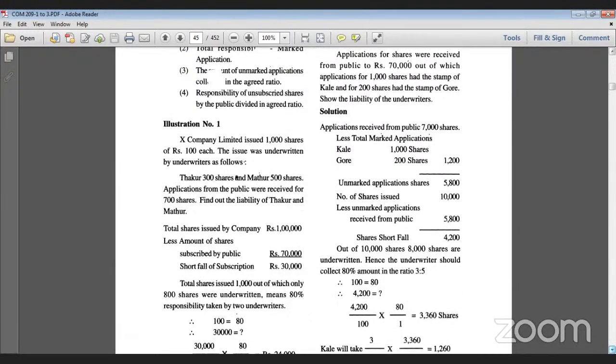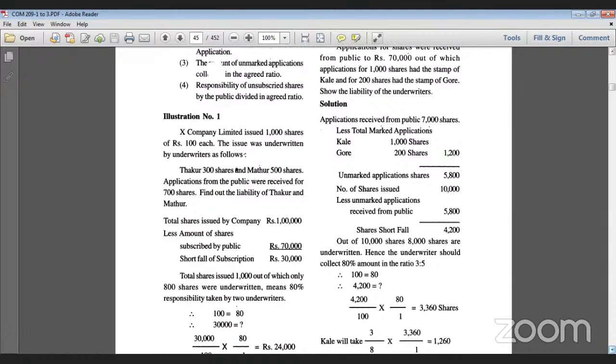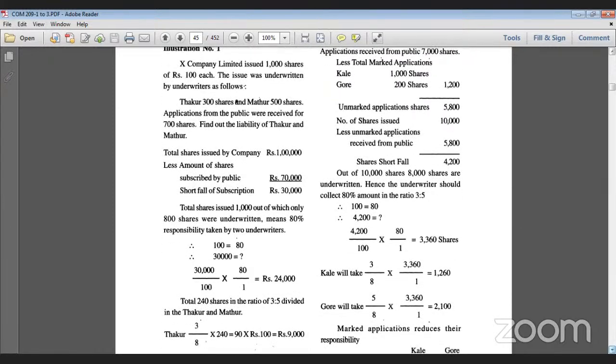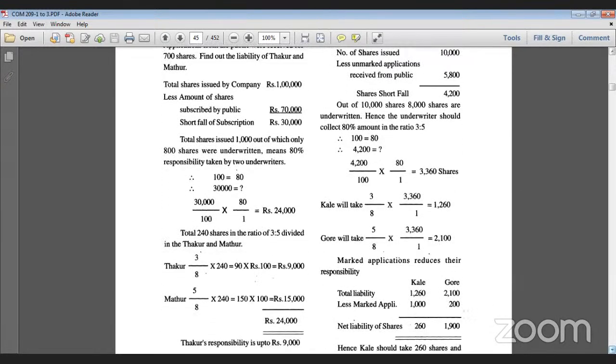Total shares issued 1000, out of which only 800 shares were underwritten, meaning 80% responsibility taken by the two underwriters. So for 100 it is equal to 80. So what will be for 30,000? It will be 24,000.